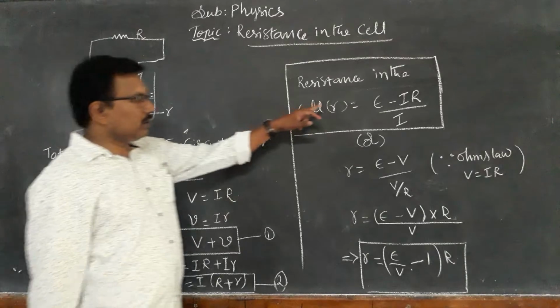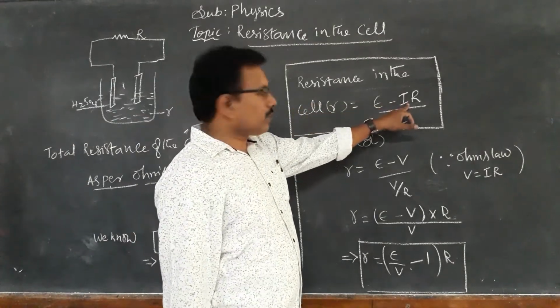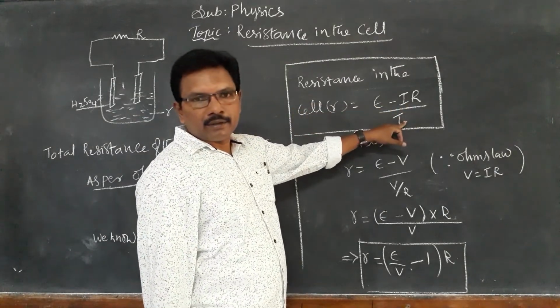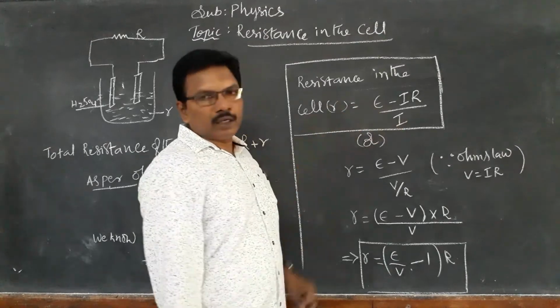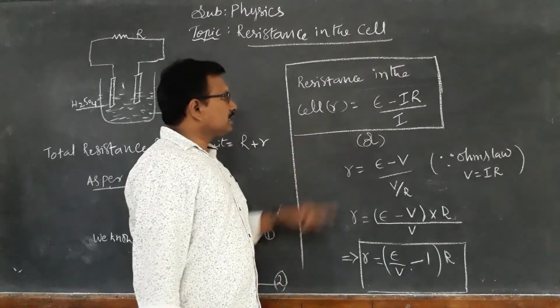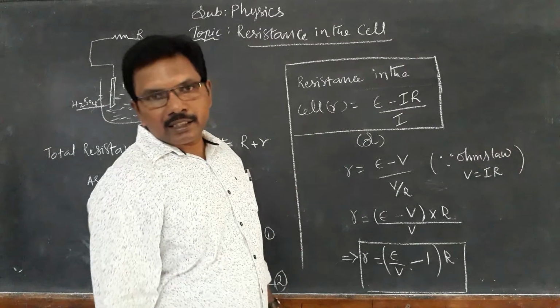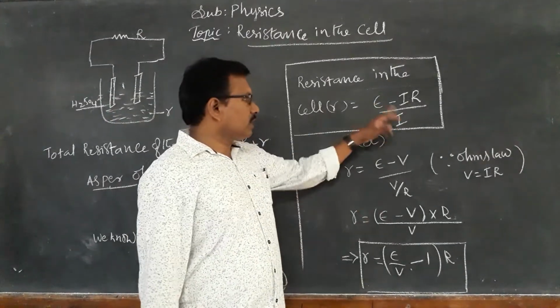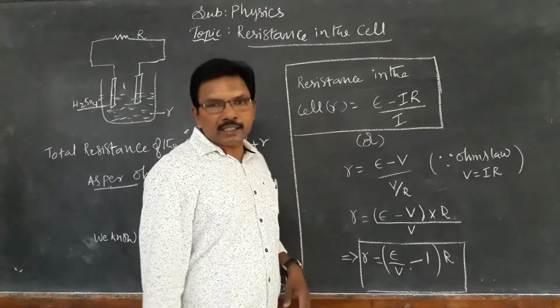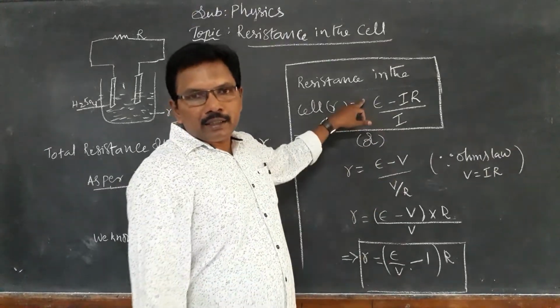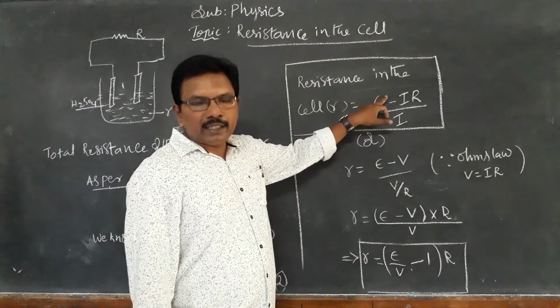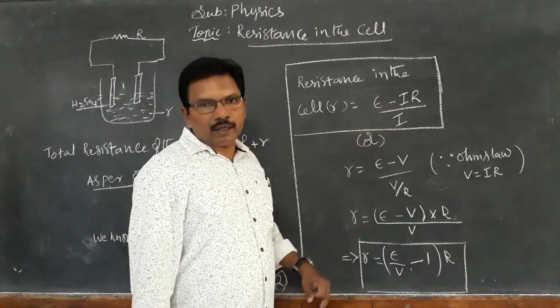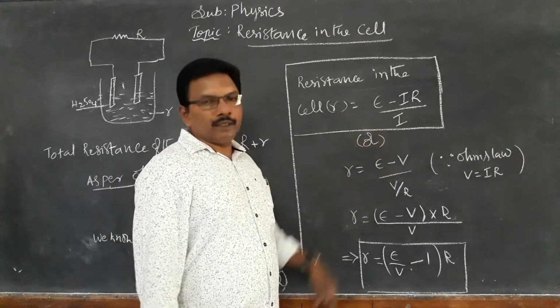Now small r is equal to E minus I capital R by I. So then we will get small r. This gives the resistance inside the cell. We can use this formula to find resistance inside the cell: total EMF minus I into capital R, by I.